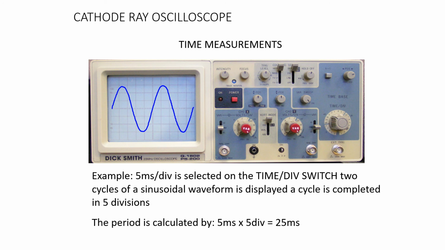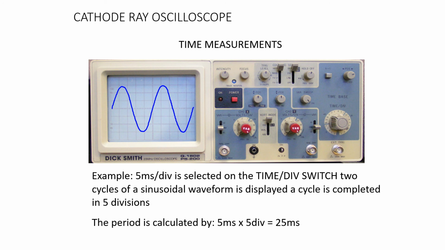We can also observe the antenna radiation pattern. So we can use a CRO for different purposes, for voltage measurement, for time measurement, and many others.